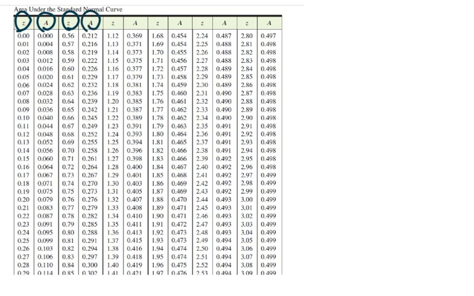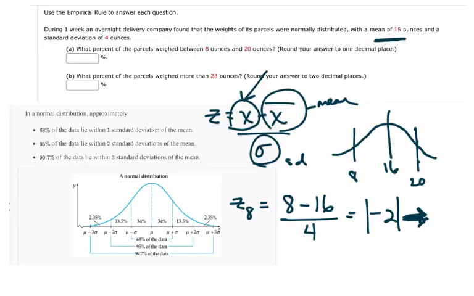Z-score, area under the curve. Okay, but I'm looking for 2, which is right here, and the area under that curve is 0.477. So I'm going to go back. So that means this area in here between 8 and the mean is 0.477.